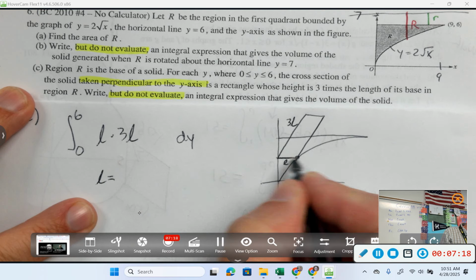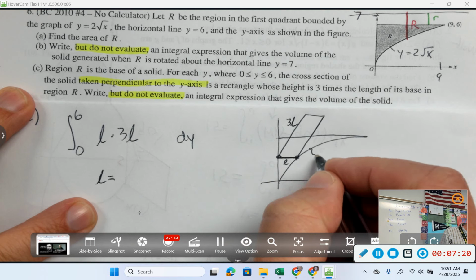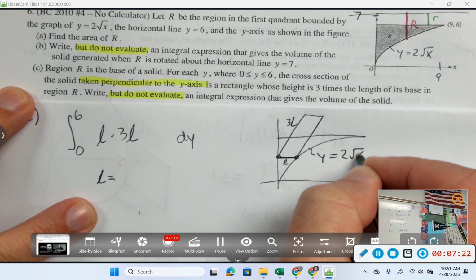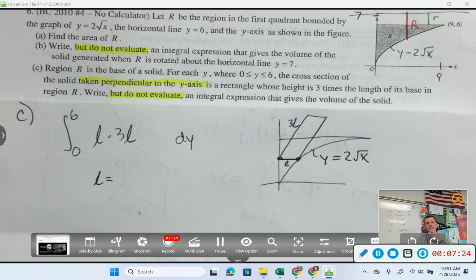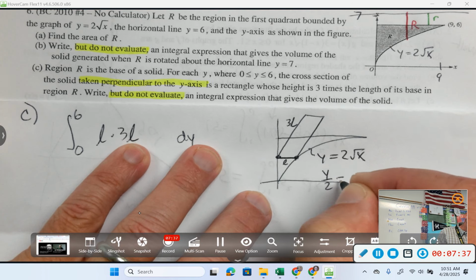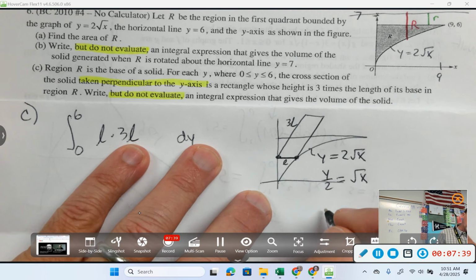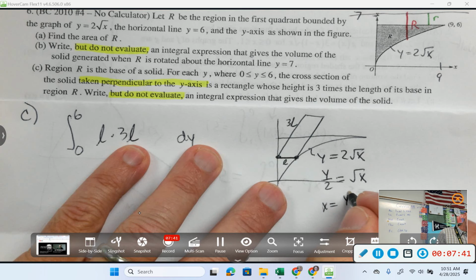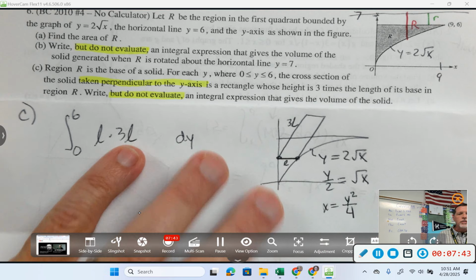So L is right minus left. Left is 0, but the right side, yeah, Julius, I need to solve that for x because I need an equation with y. So let's see, y over 2 equals square root of x. So x equals y squared over 4. Square both sides.